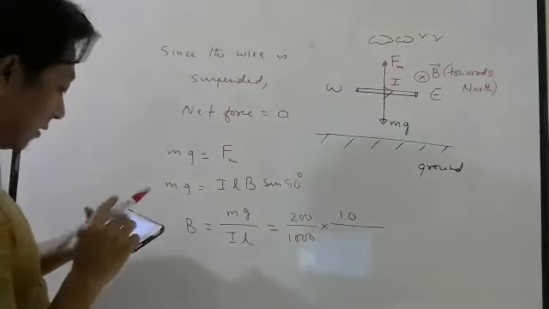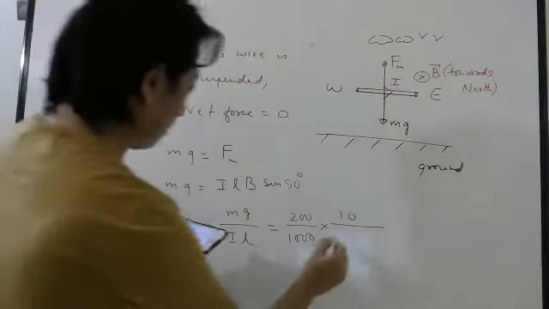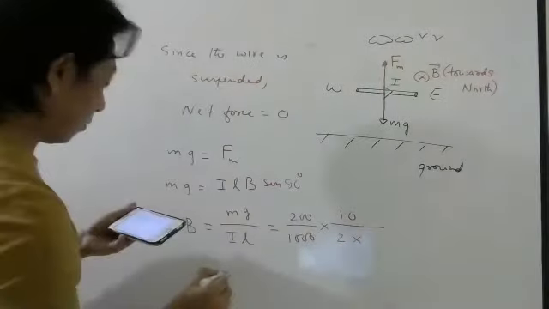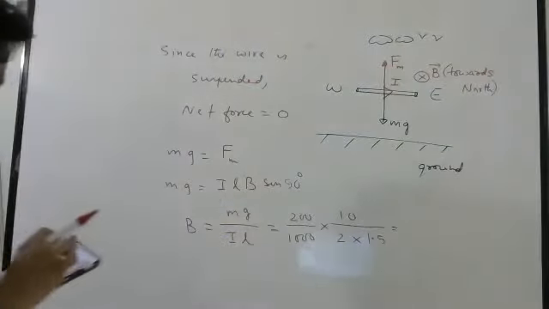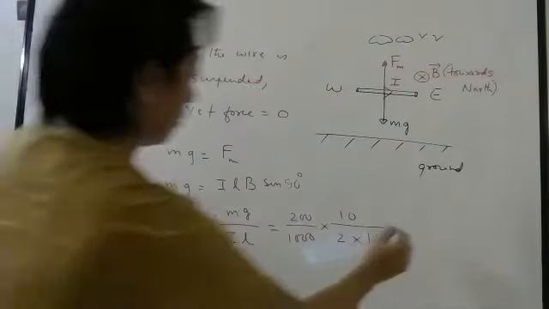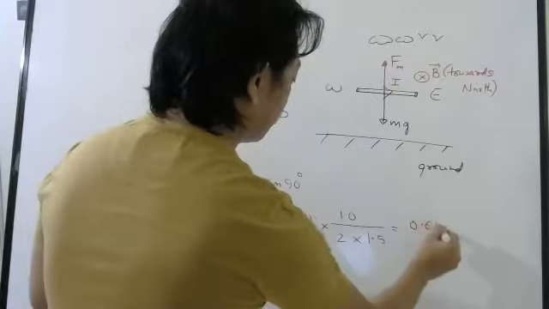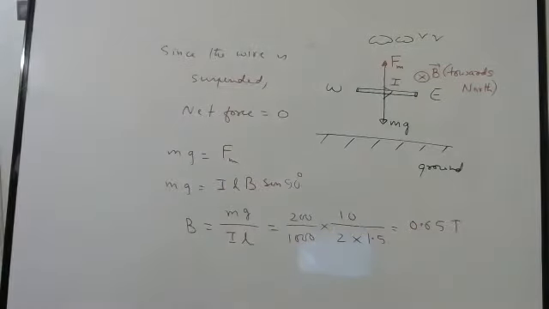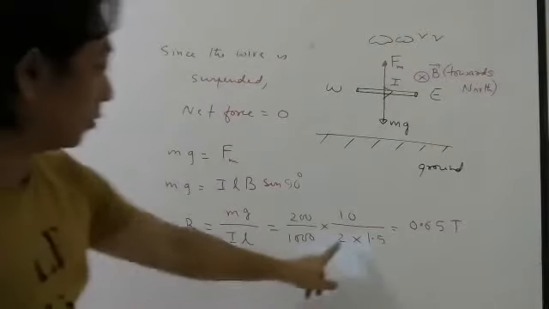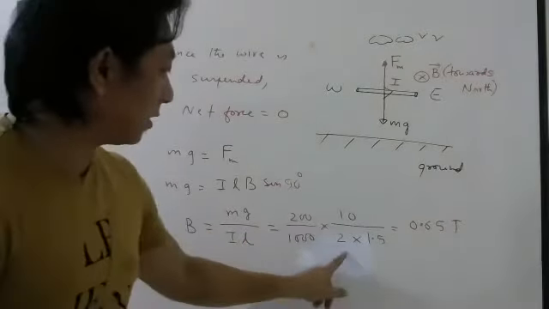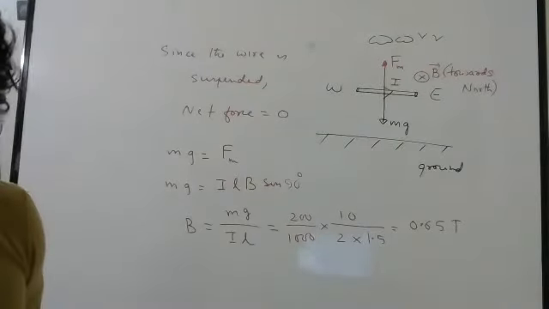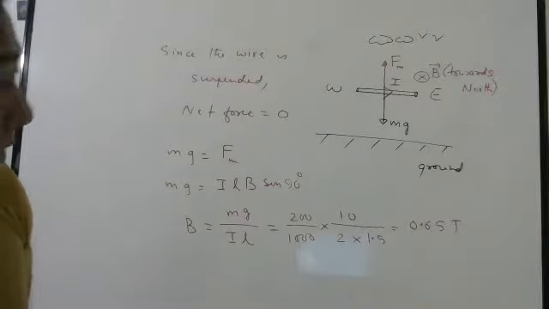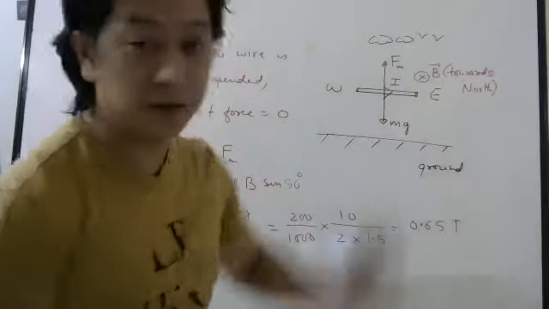Current flowing is 1.2 ampere. Length of the wire is 1.5. If you solve this, you will get 0.65. This will be 3; 20 divided by 3 will be 6 point something. So from there you can get the answer. And it cannot be south. It has to be north.